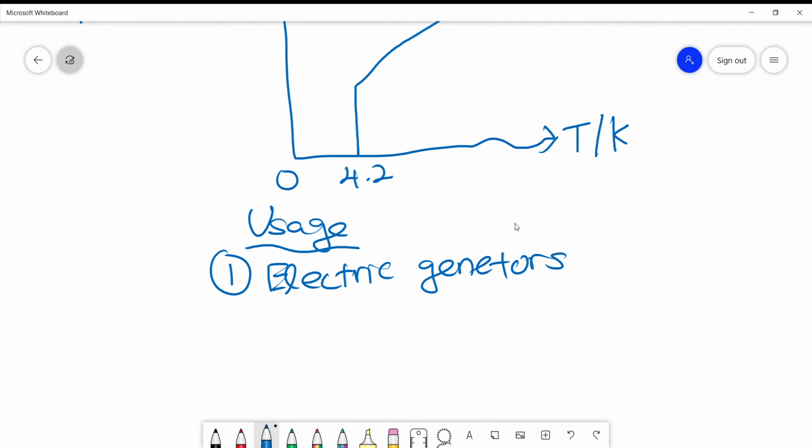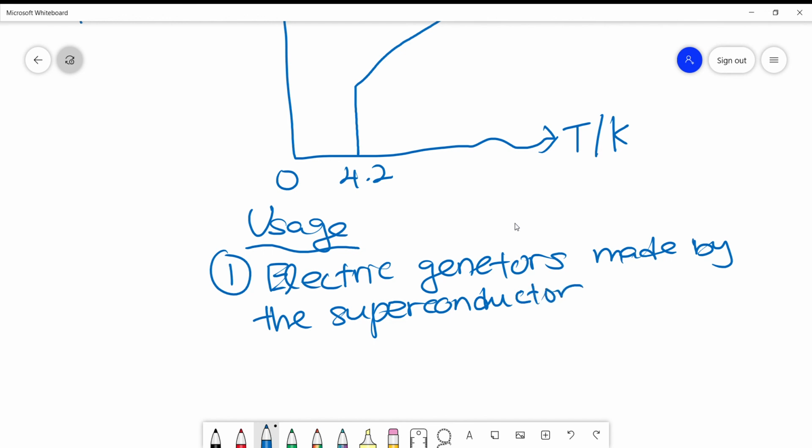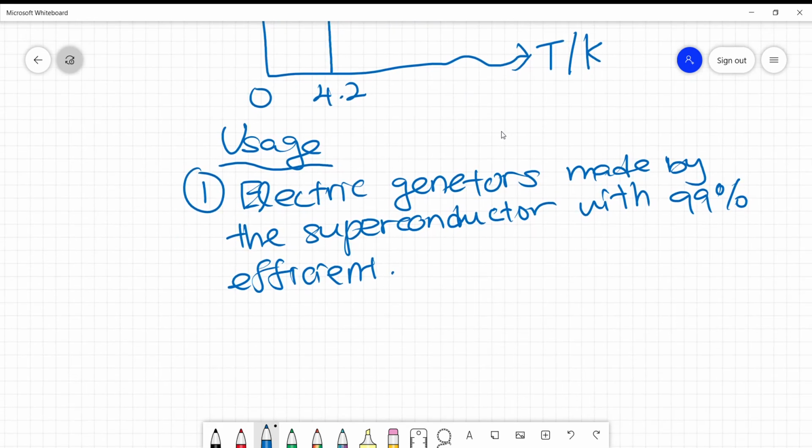An electric generator made with a superconductor is 99% efficient. The 99% efficient we consider is almost zero resistance.